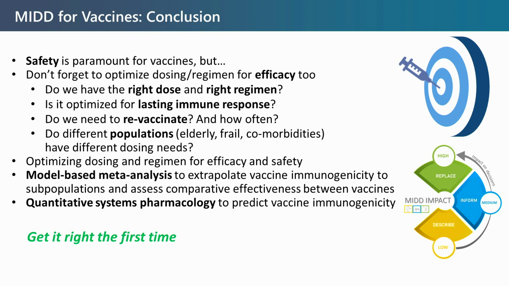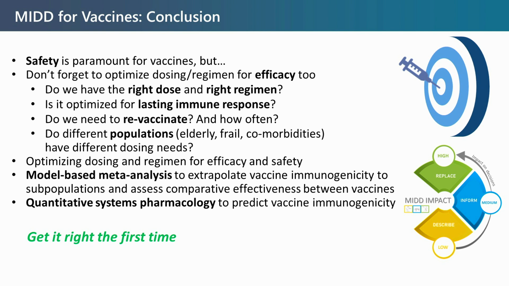We also hope to demonstrate that vaccines too will benefit tremendously from model-informed drug discovery and development techniques and via model interconnectedness as well to answer these questions, especially using model-based meta-analysis, which is a powerful tool to translate immunological response to prophylactic protections and conduct comparative effectiveness assessment in our search for the best vaccines for global scale-up and rollout.